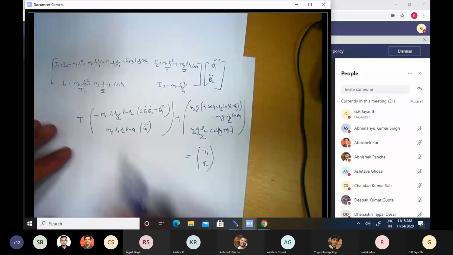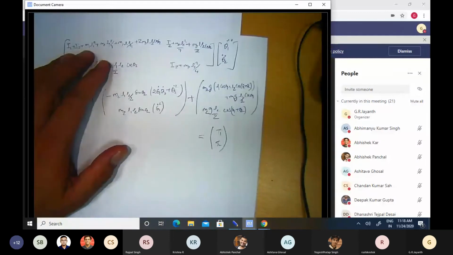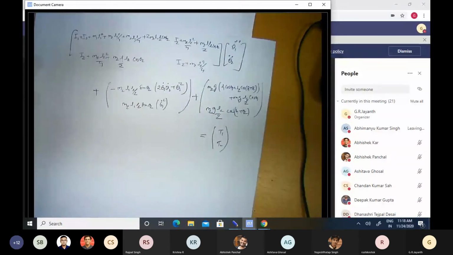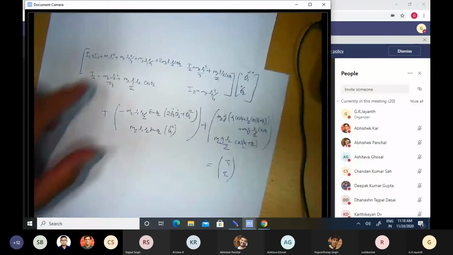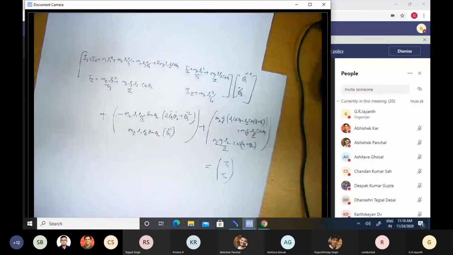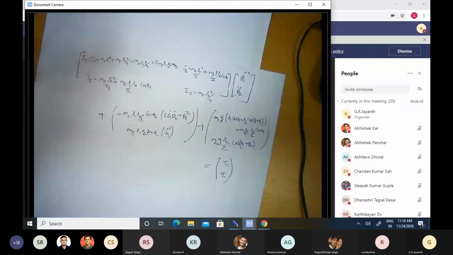Then you have the inertia matrix, which is associated with theta double dot. I cannot breathe too much physical intuition into this, except to point out that if you simplify the overall equation, let us say starting with Newton-Euler equations, you will end up with an overall inertia matrix that looks like this.